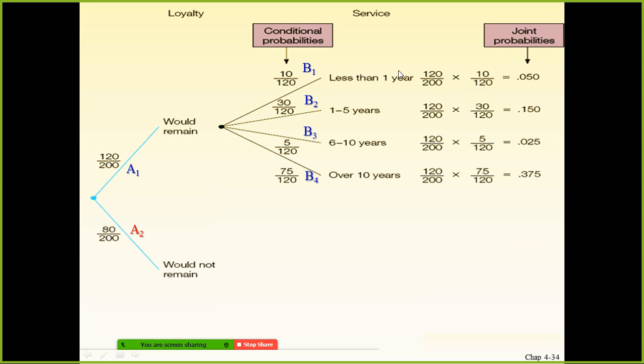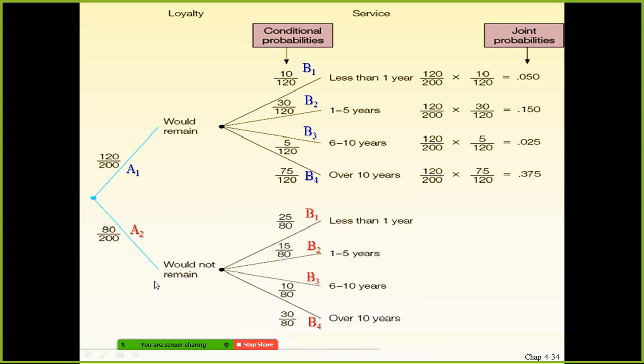This is for one part, under the condition of, or given that, the executive's answer is would remain. How about the other, move to a new company, would not remain? The executives that move to a new company would not remain also have the same breakdown in terms of length of service.